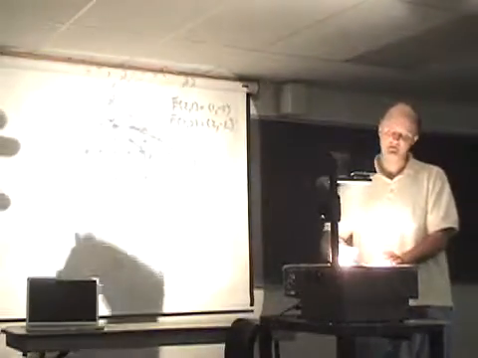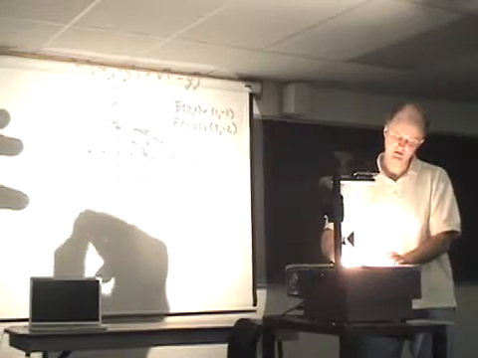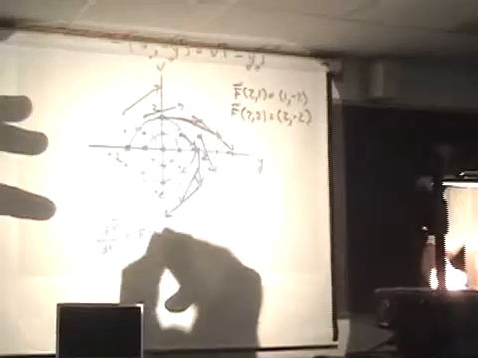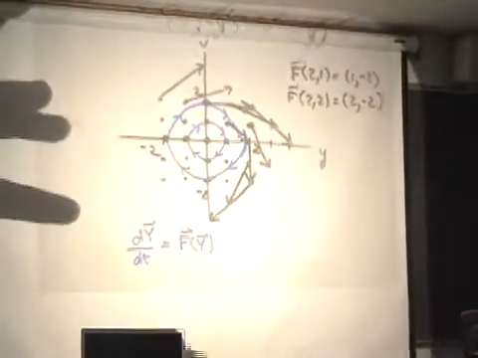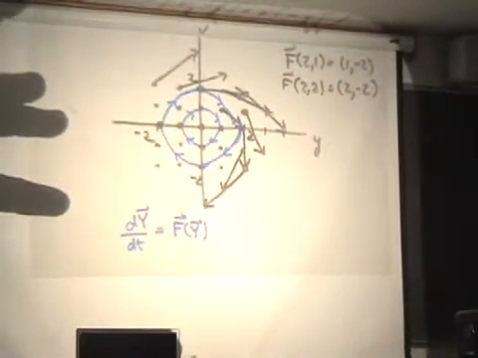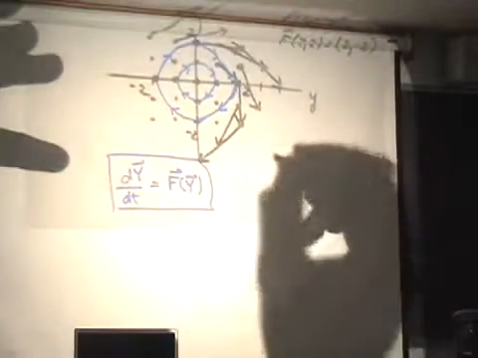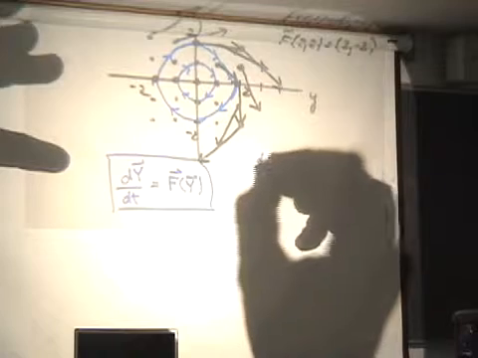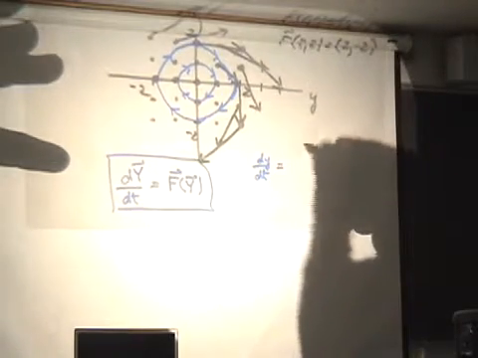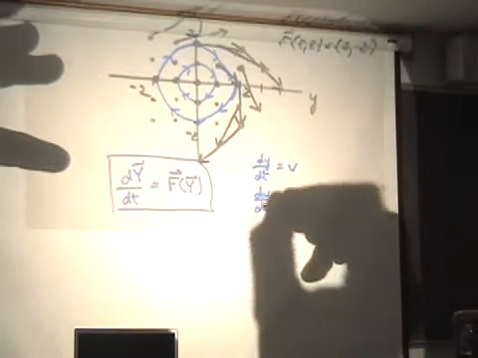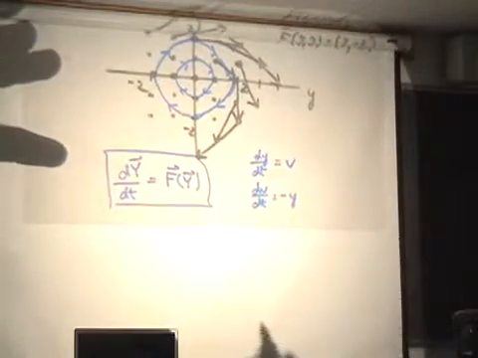Why does that happen? The differential equation, the system, can be written in vector form. Essentially, this is a shorthand for the following system. dy/dt equals v, and dv/dt equals negative y.